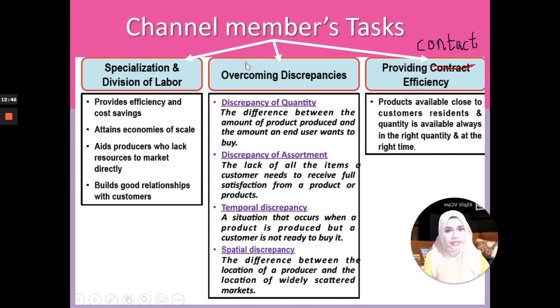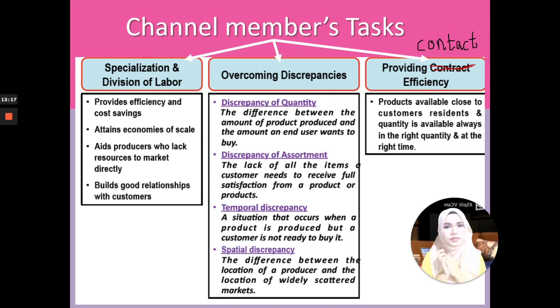The second task that can be done by the channel member is to overcome discrepancies. There are 4 types of discrepancies. First, discrepancy of quantity, which is the difference between the amount of product produced and the amount an end user wants to buy. Imagine I'm an ice cream factory. In my factory, I will produce a lot of ice cream. I can't afford to produce one stick of ice cream just for you.